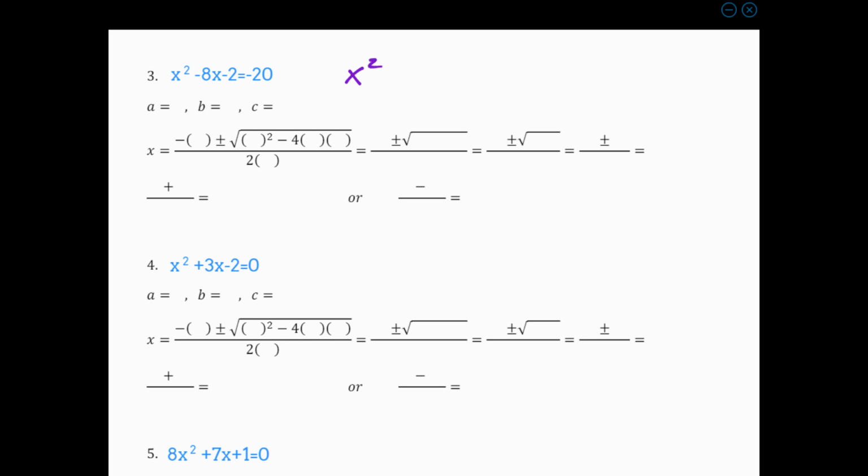So I've got x squared minus 8x plus 18 equals 0. How did I get the plus 18? I added 20 to both sides, right?